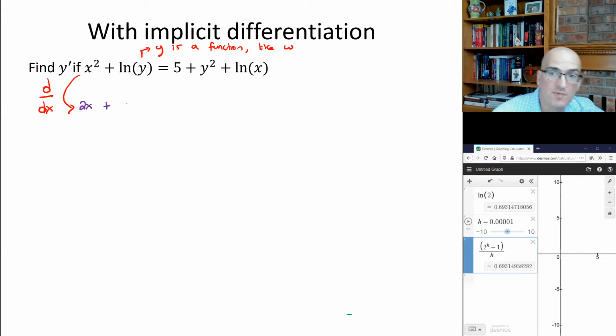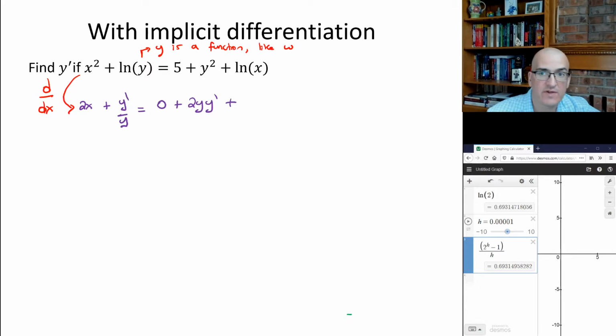So we're not going to have w prime over w, we're going to have y prime over y. Equals, derivative of 5 is 0, derivative of y squared is 2y, y prime. Because y is a function, you have to use the chain rule. And then the derivative of ln of x is 1 over x.